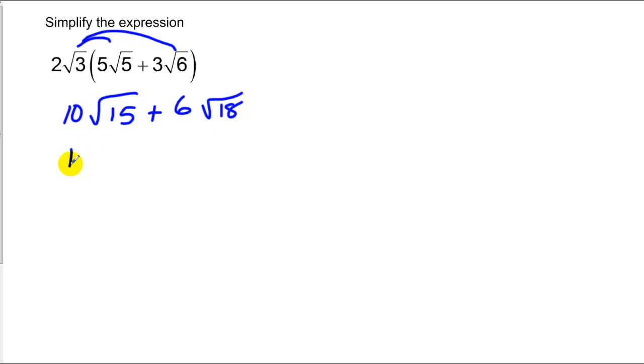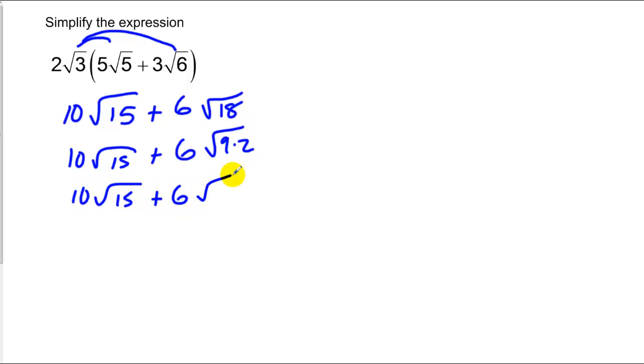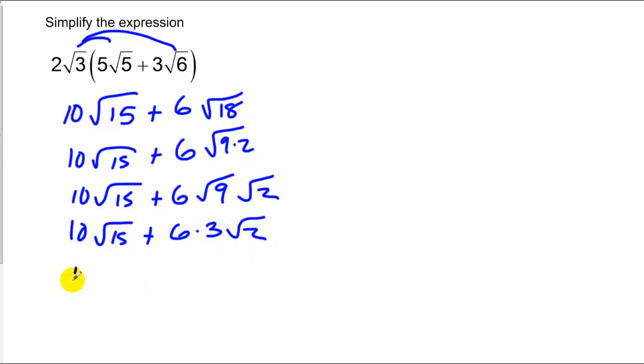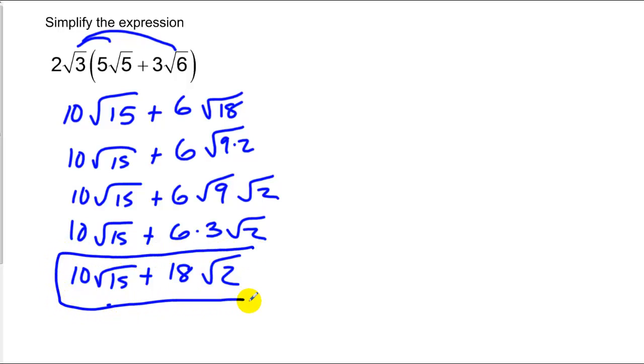Root 15 will not. 18 breaks down into 9 and 2. So this is 10 root 15 plus 6 root 9 root 2. 10 root 15 plus 6 times 3 root 2, which goes to 10 root 15 plus 18 root 2. There are no like roots, therefore I can't add these terms together. So that's my simplified form.